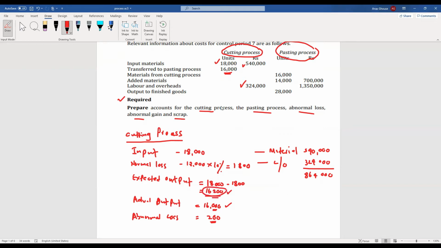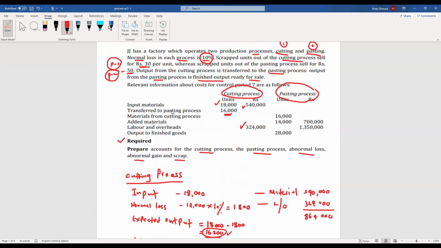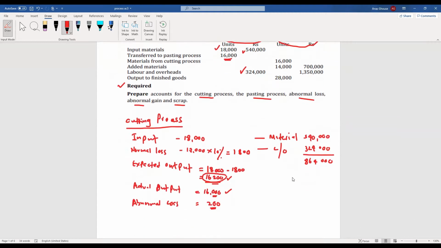However, since you are given the scrap value for the losses, which could be sold at 30 per unit in process 1, the cutting process, from the cost we need to eliminate the scrap value of the normal loss, because usually we don't allocate any cost for normal loss.